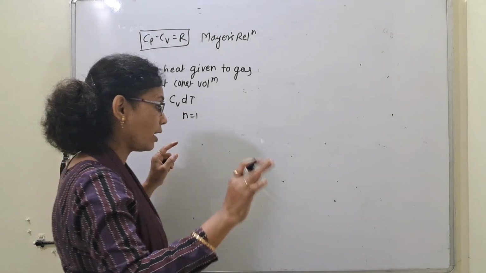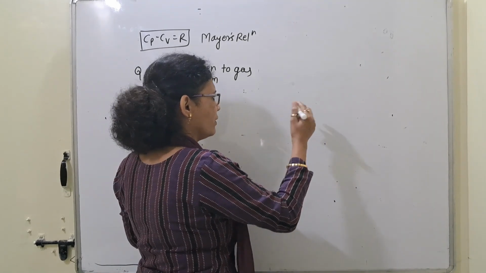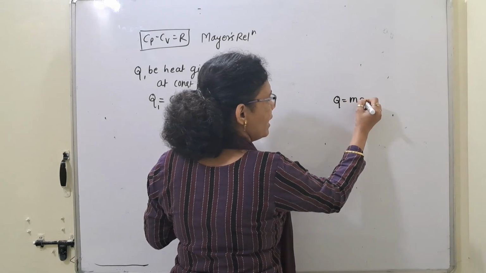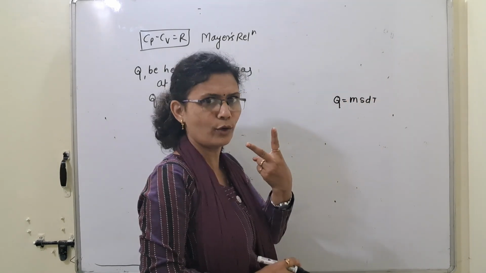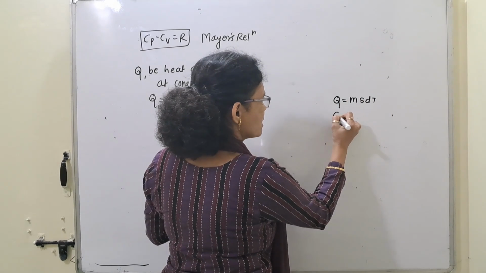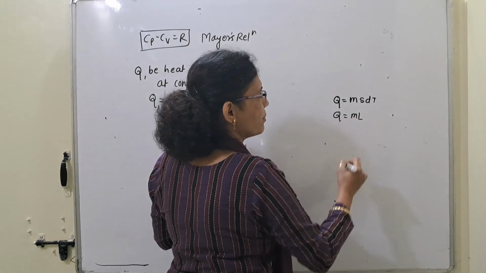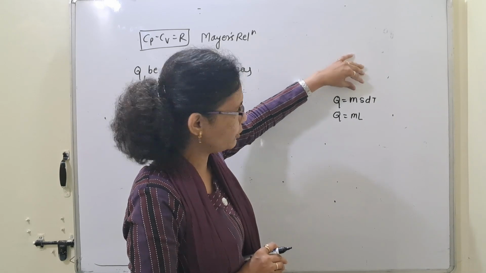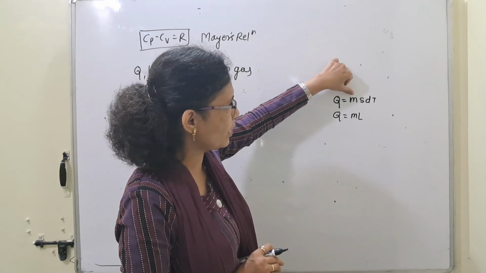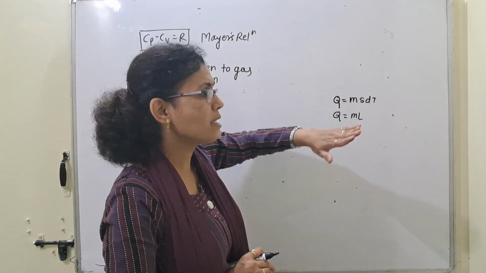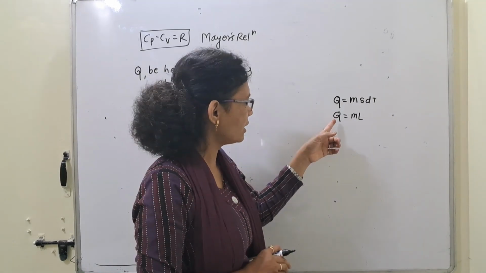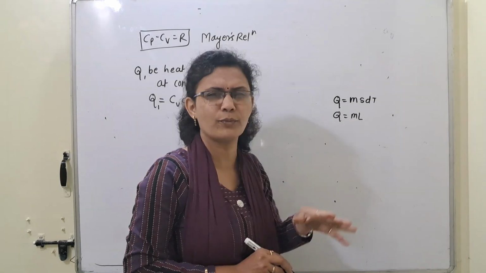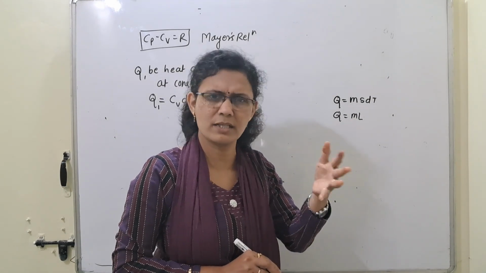See, in 10th standard also you have seen, in 11th also you have seen that Q is equal to m s into delta T. There are two formulas for Q, that is Q is equal to mL and Q is equal to m s into delta T. When the temperature increases, that time you are going to take the formula Q is equal to m s into delta T. And when the state gets changed, that time you are going to use the formula Q is equal to mL, where L is the latent heat of fusion or vaporization and all that.